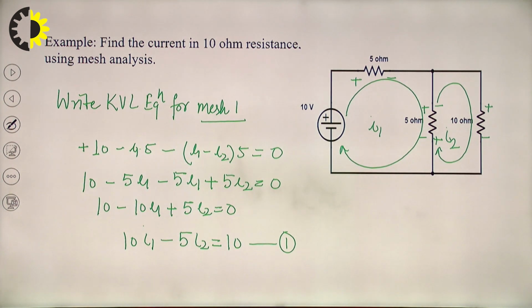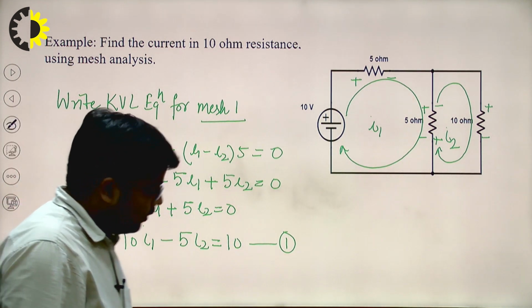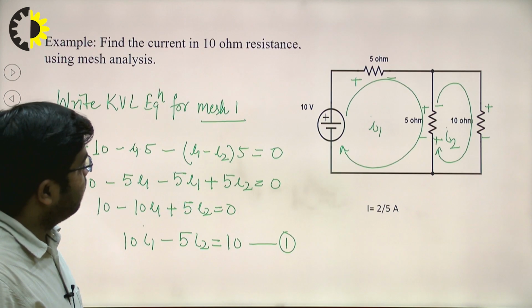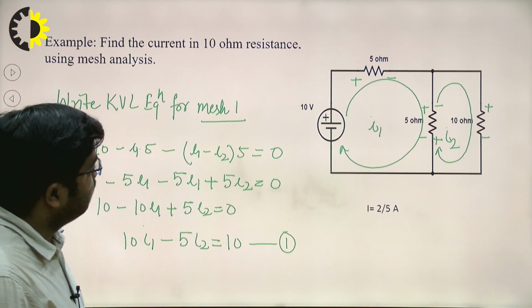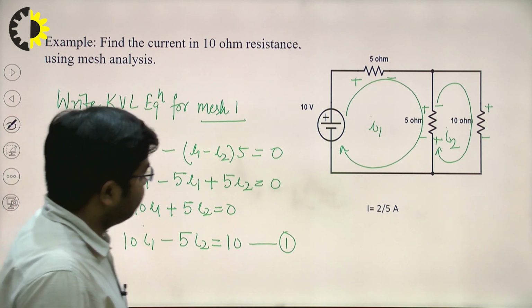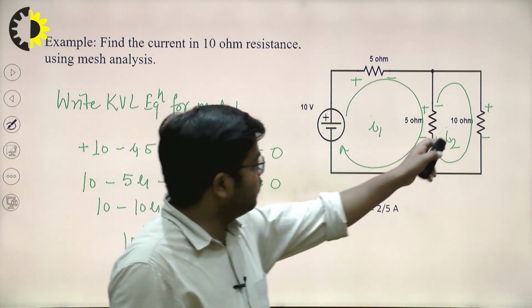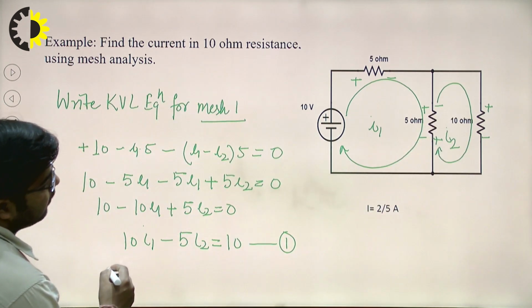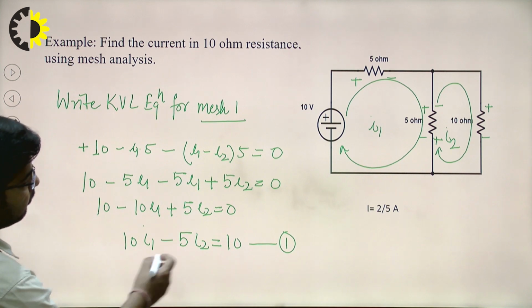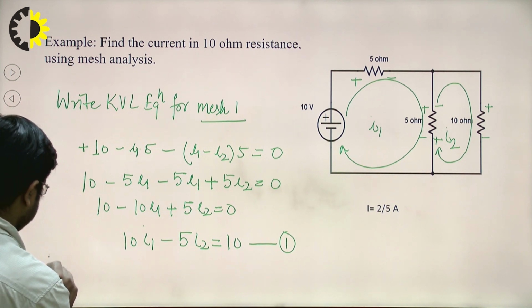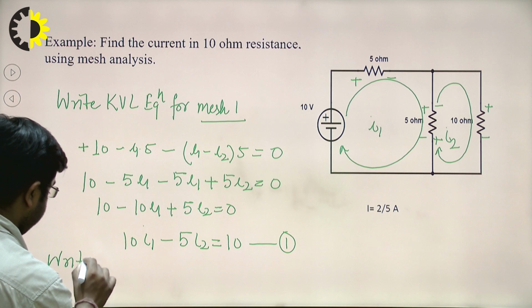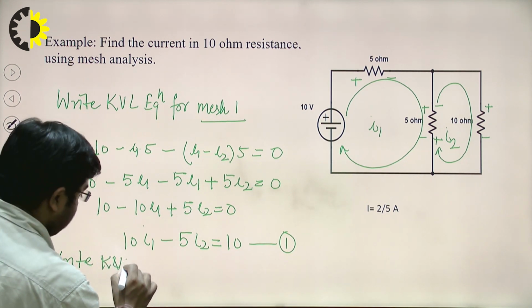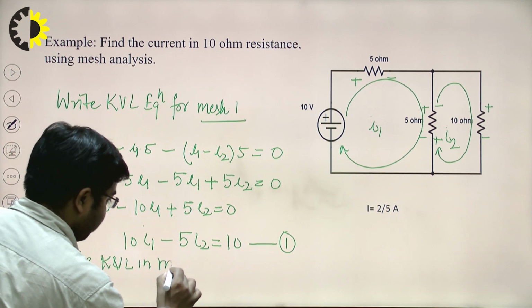Okay. Now apply the KVL in this loop, write KVL in mesh 2.